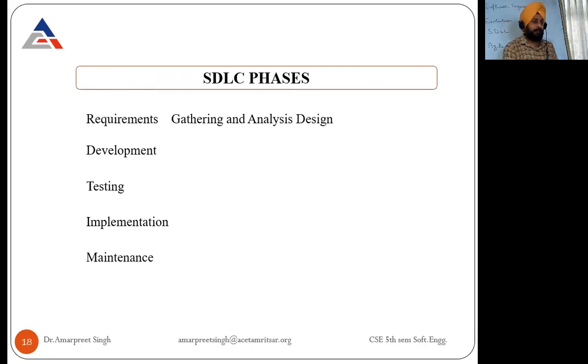So what are the different phases? It starts from the first phase, requirement gathering and analysis, then design. The first phase is basically the gathering of the requirements: what are the different requirements to develop the software, what are the functional requirements and what are the non-functional requirements of the software. So the first step is we gather the whole requirements.